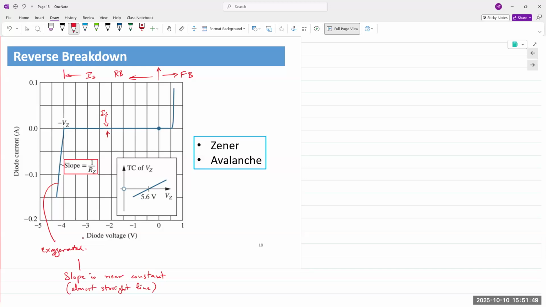Those free charge carriers are in turn acted upon by the electric field. They result in more collisions and more charge carriers. Hence, it results in a cascading effect, an avalanche effect, where 1 goes into 2, 2 multiplies by 4, 4, 8, and so on.